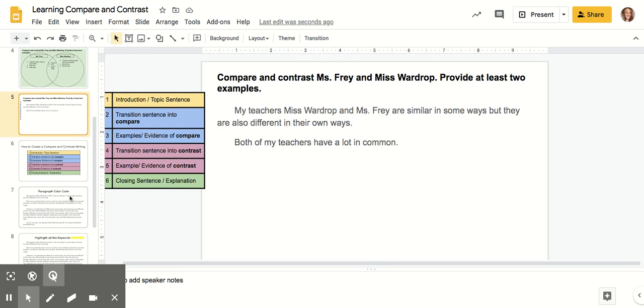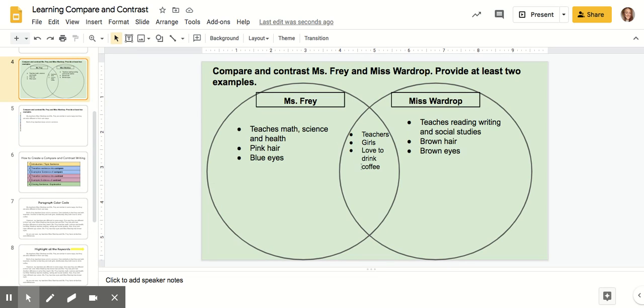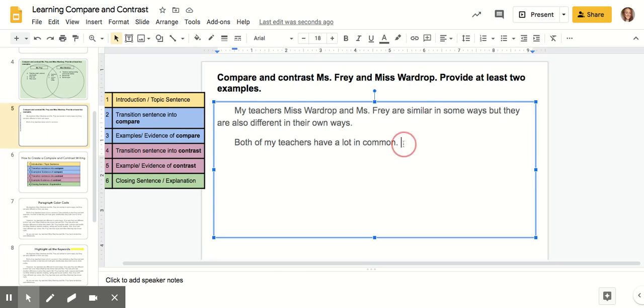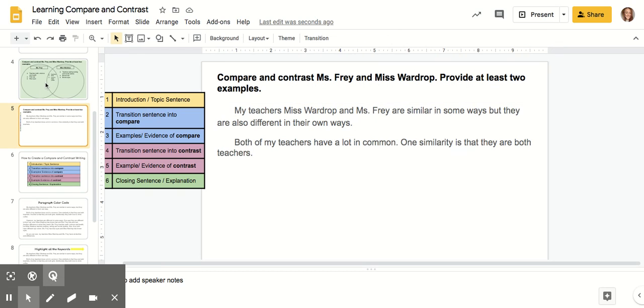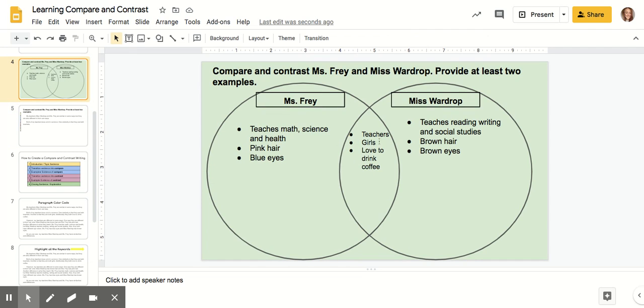Now this is the part where I need to go back to my Venn diagram and look at the things I put for how they are the same. The first thing I said is that they are teachers. I'm not just going to write teachers; I need to put it into a sentence. So I'm going to say one similarity is that they are both teachers. My next one is they're both girls.